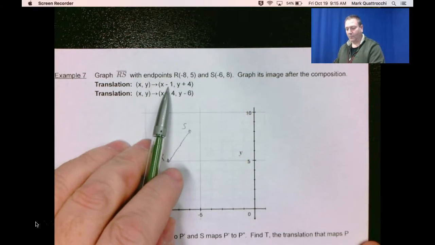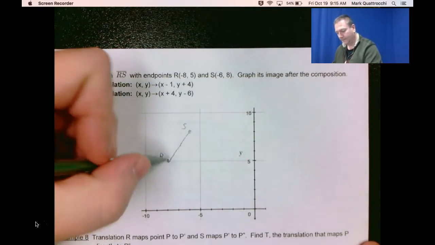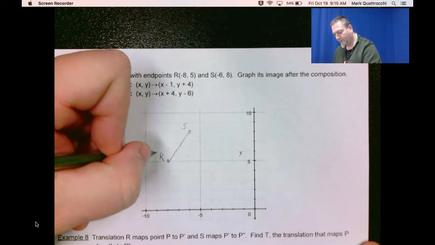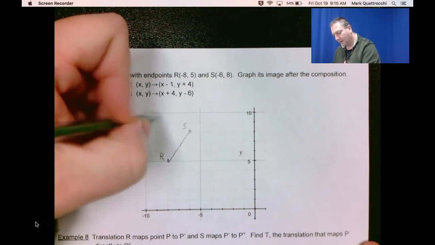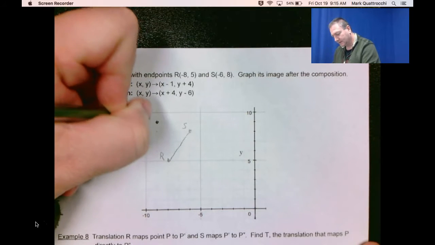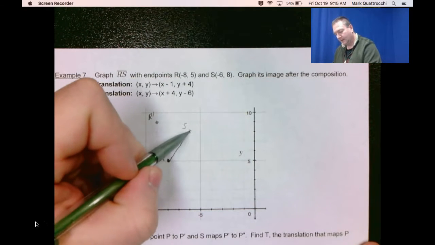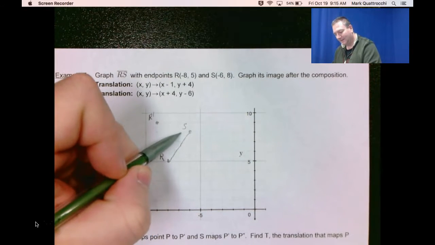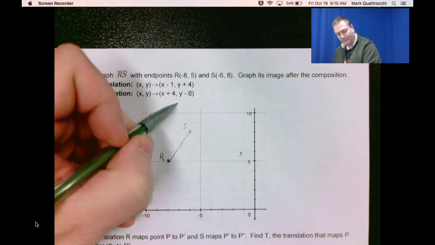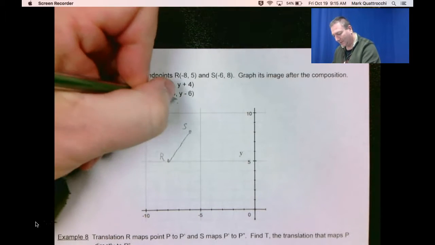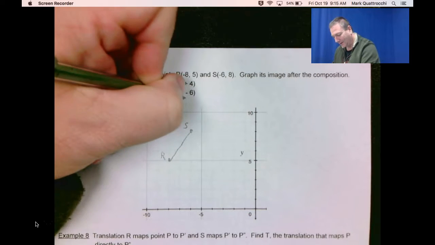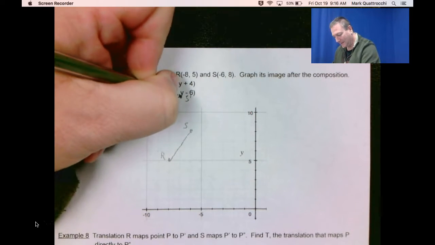We're going to go left 1, up 4. Left 1, up 4. 1, 2, 3, 4. This is R prime. Left 1, 1, 2, 3, I'm off the paper here, 4 for S prime.